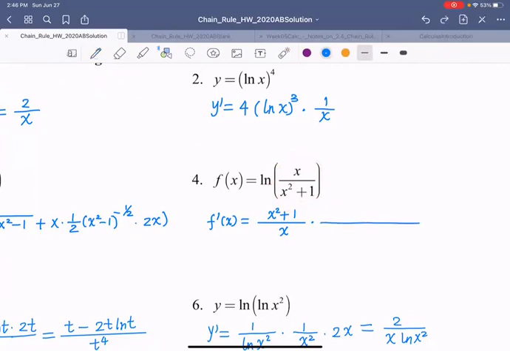For the quotient rule, we will put this guy squared on the denominator: x squared plus 1, squared.